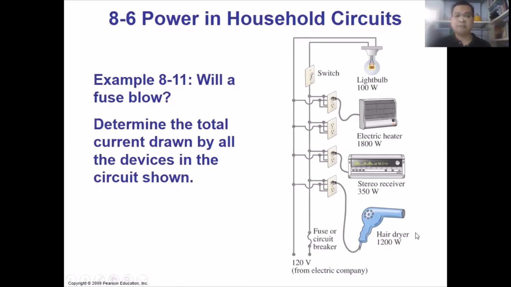So we have a hair dryer of 1200 watt, a stereo receiver 350 watt, an electric heater 1800 watt, and a bulb 100 watt. The question refers to this fuse, which can support 20 ampere at 120 volt. Can it be supported or not?